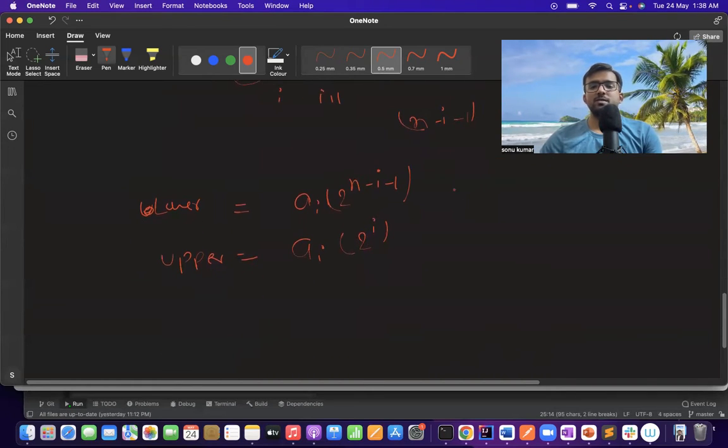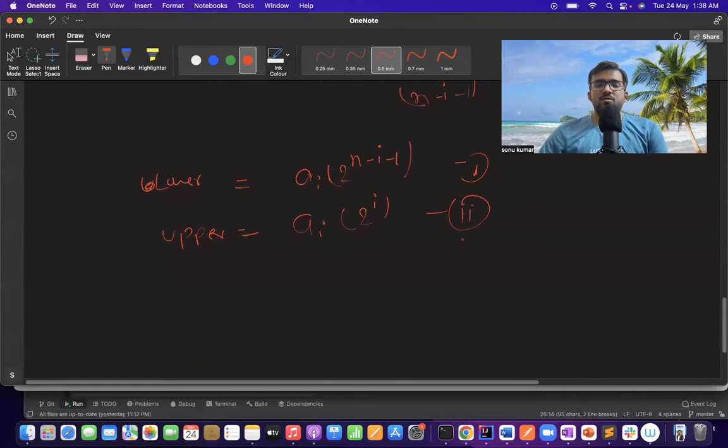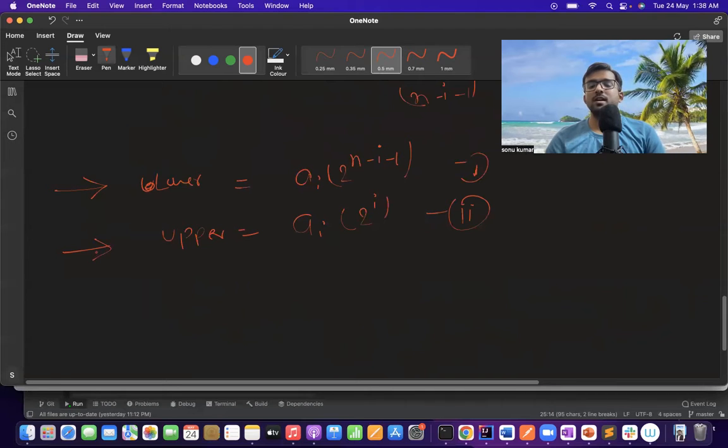So we have these two values. This one represents the contribution of the ai element in all the subsequences for which ai is the smallest one, and this one represents the contribution of ai in all the subsequences for which ai is the largest one.